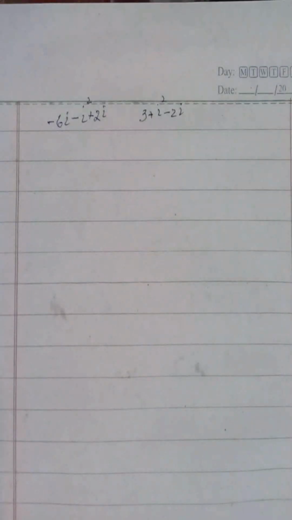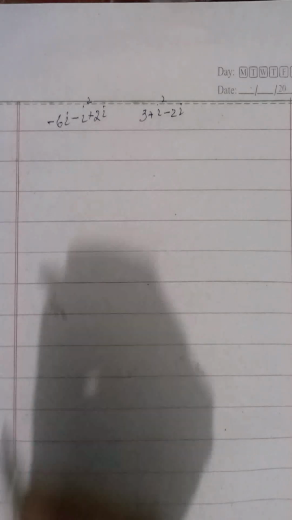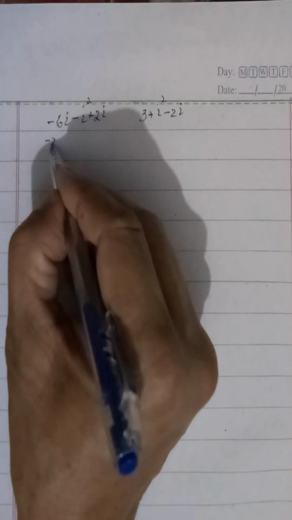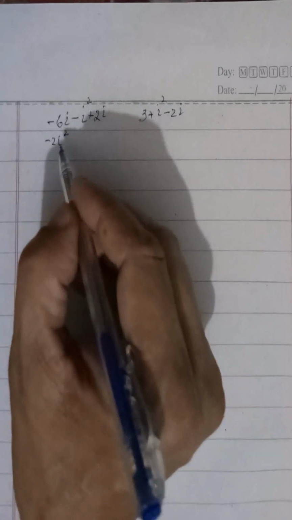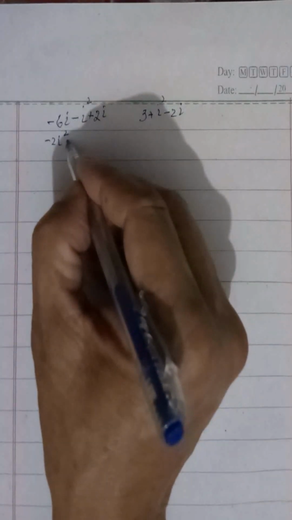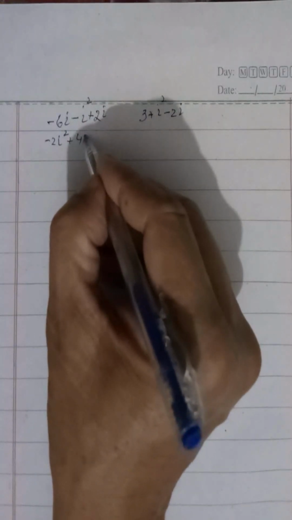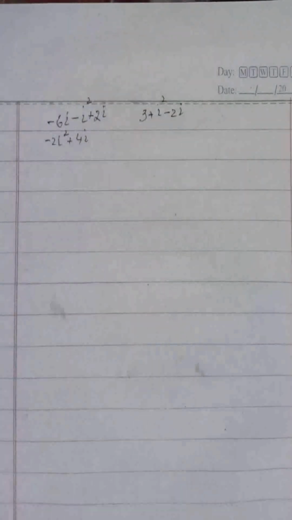Now we multiply the second row, minus iota plus 1 plus 2 with the 2 iota and the minus iota. We get 2 iota multiplied by minus iota plus 2, we get minus 2 iota square and plus 4 iota.